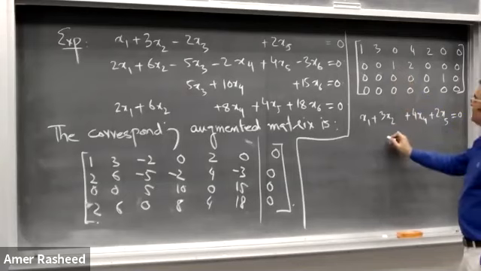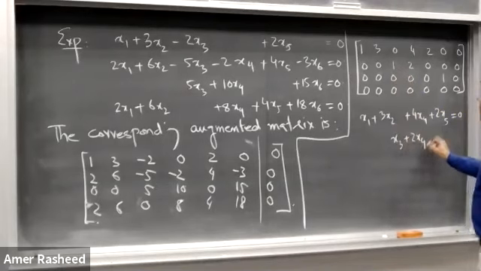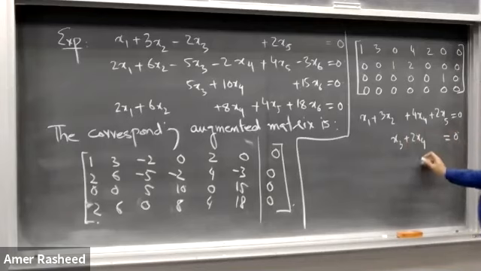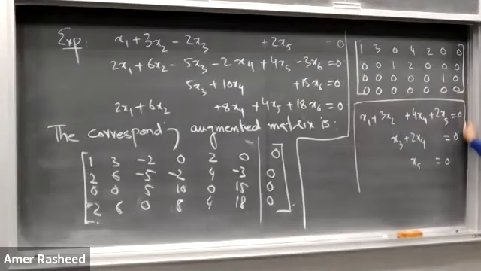And then from here, x3 plus 2x4 is equal to 0. And then from here, x6 is equal to 0. Okay, so this is the corresponding homogeneous linear system.